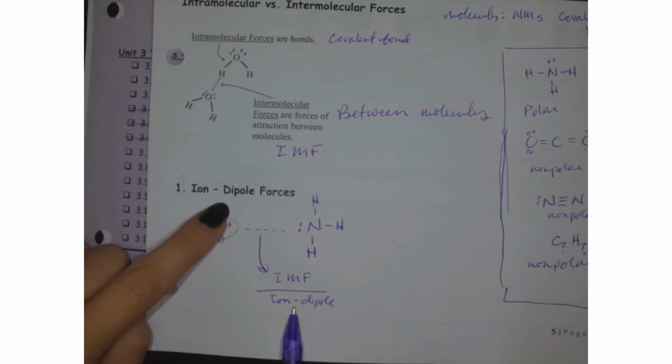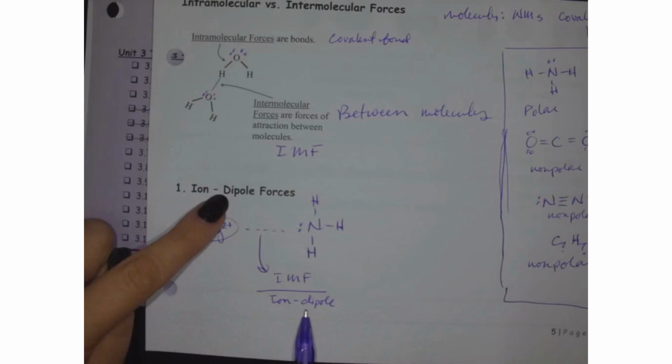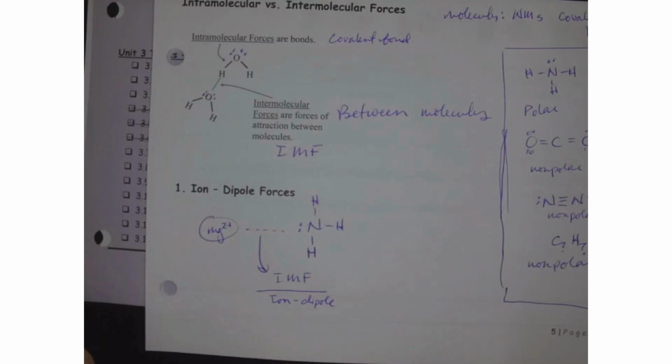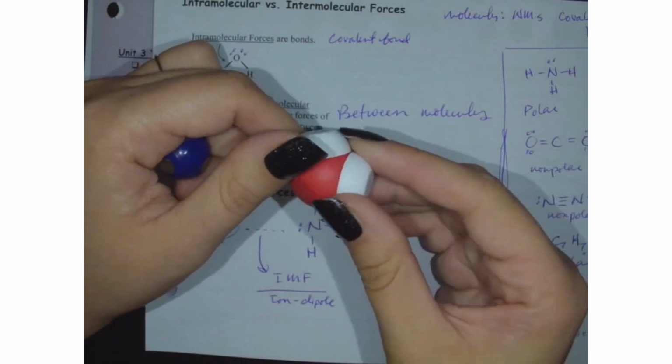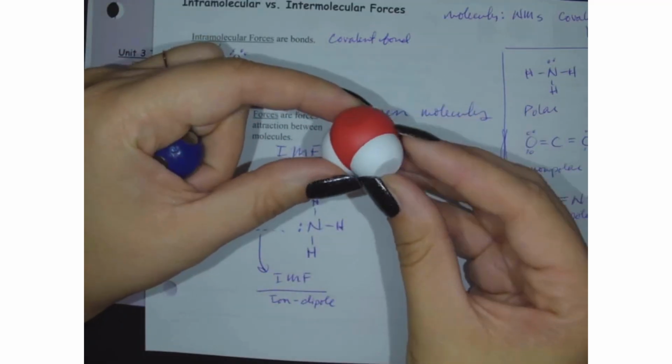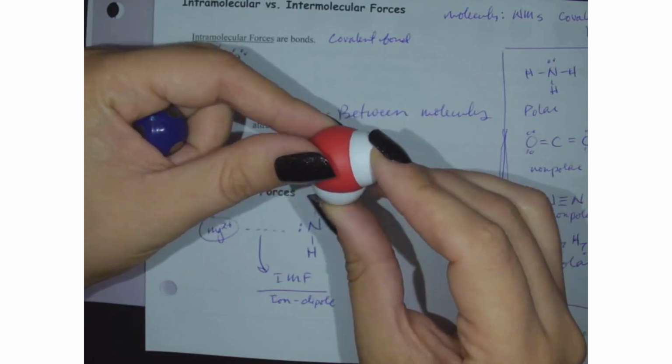The ion part makes sense, it's an ion. The reason they call it dipole is because only polar molecules have dipoles. I'm going to say it again: only polar molecules have dipoles. Dipoles are regions. Think of it like a magnet. Because we're asymmetrical, there's a region where the electrons might spend more time.